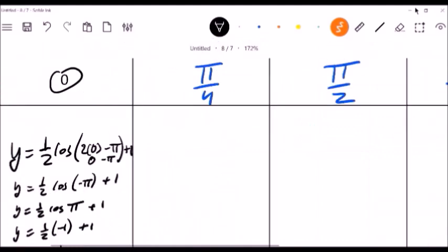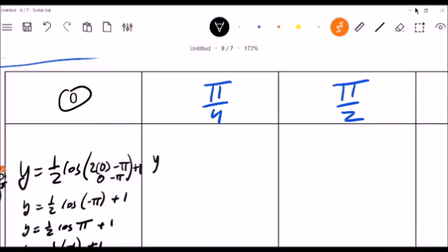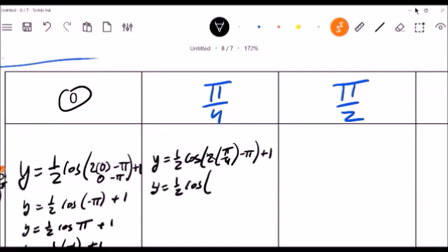Now let's do this with pi over 4. So y equals 1/2 the cosine of 2 times pi over 4, minus pi, plus 1. Y equals 1/2 the cosine, 2 goes into 4 twice, so we have pi over 2 minus pi plus 1.